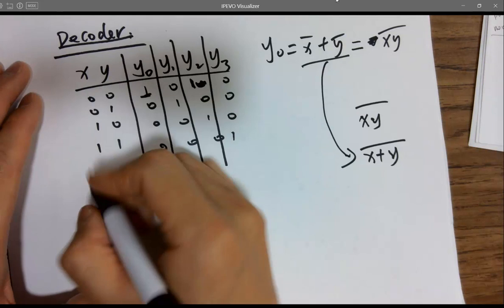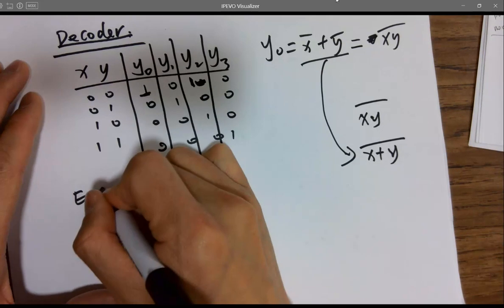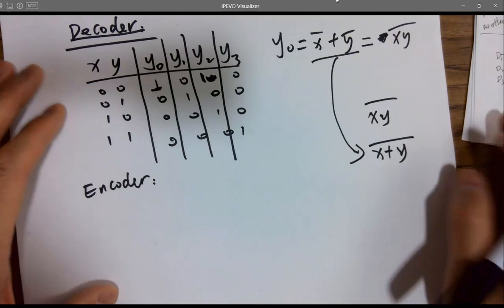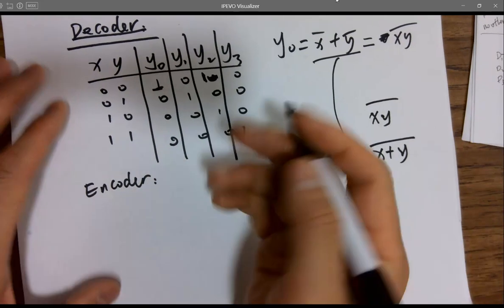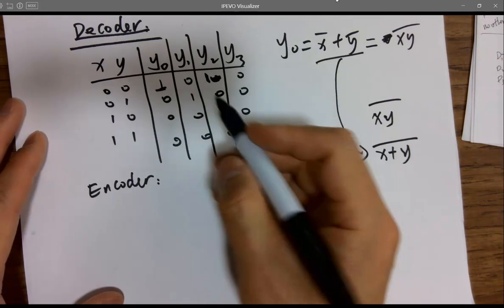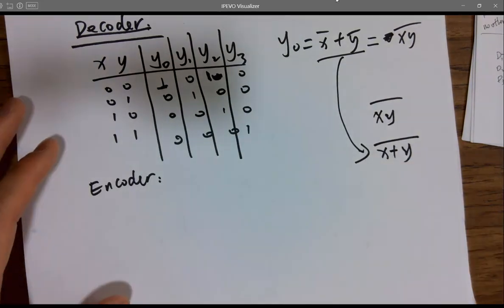So that's a decoder, and an encoder is a different circuit. It's just the opposite of the decoder. You have more bits of inputs than outputs.